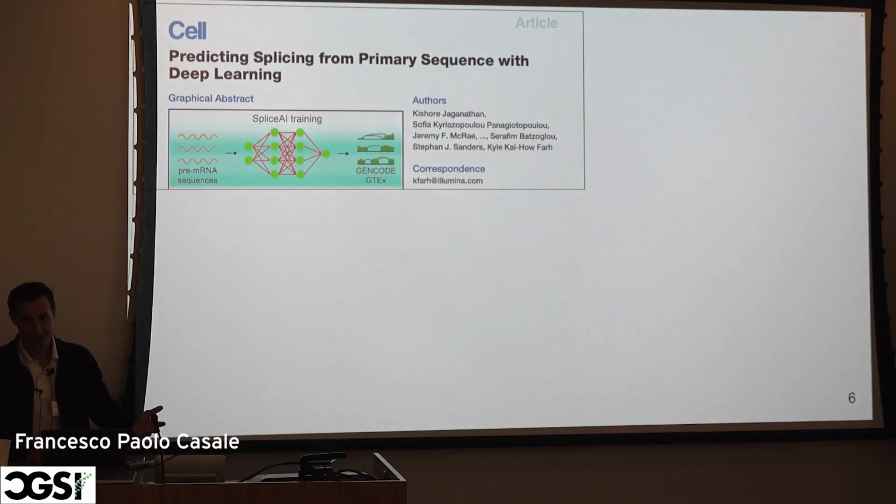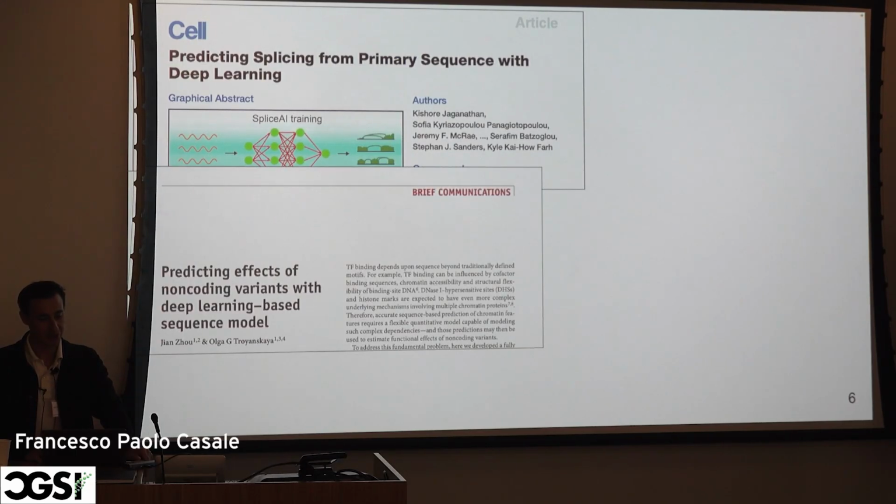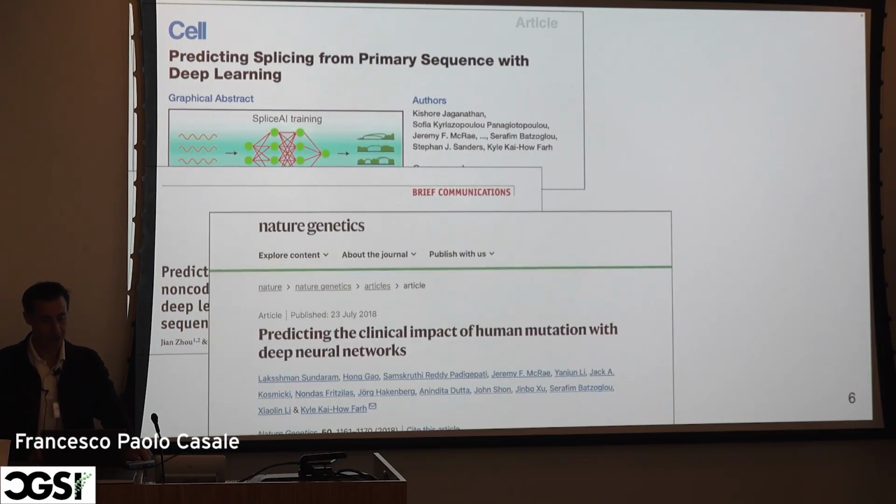SpliceAI is only one example. We've seen there are many, and Haki also talked a bit about this yesterday, focusing on Enformer. But beyond SpliceAI, we have done many in the last 10 years. We have DeepSEA, for example, which can predict genomic tracks from sequence.